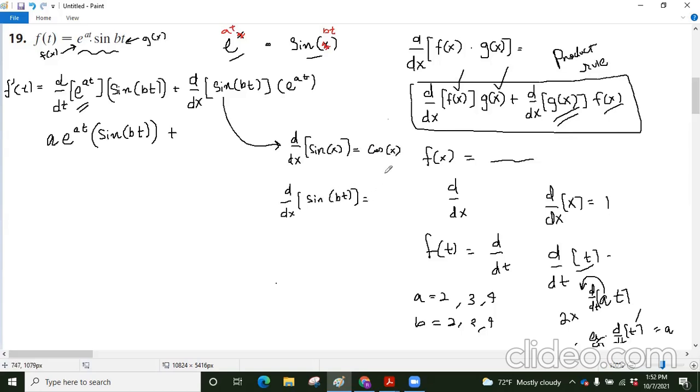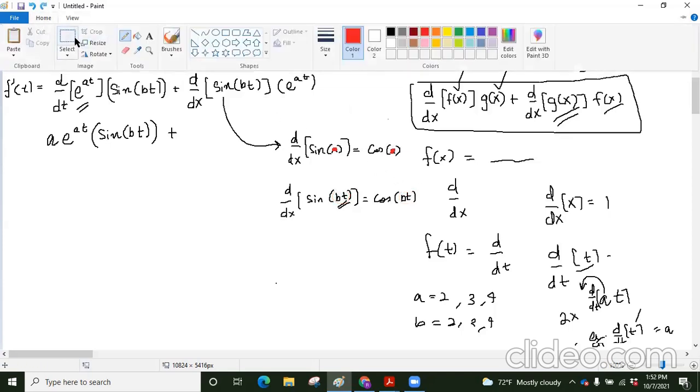Well, that's going to be cosine, but my x was not x in this case. My x was bt. So if I change my x in here, I have to change my x here. So the derivative of sine of bt is cosine of bt. If I had the sine of a red dot, the derivative would be cosine of a red dot. Same thing here.